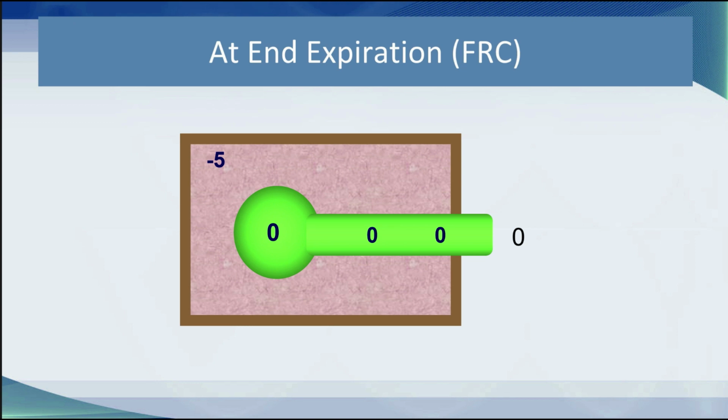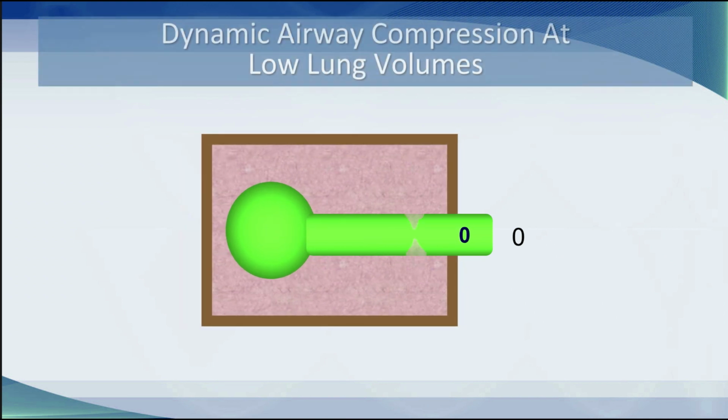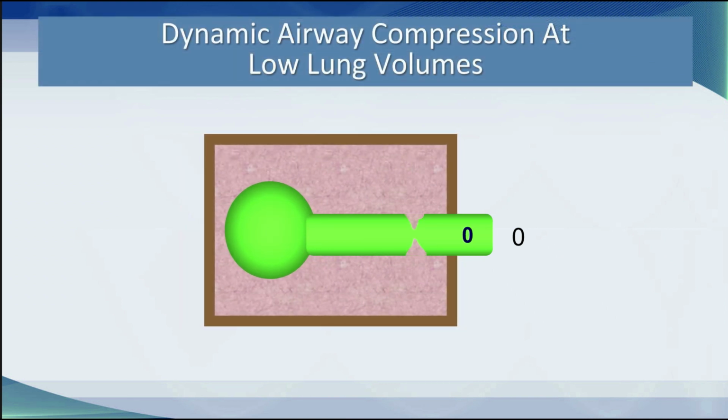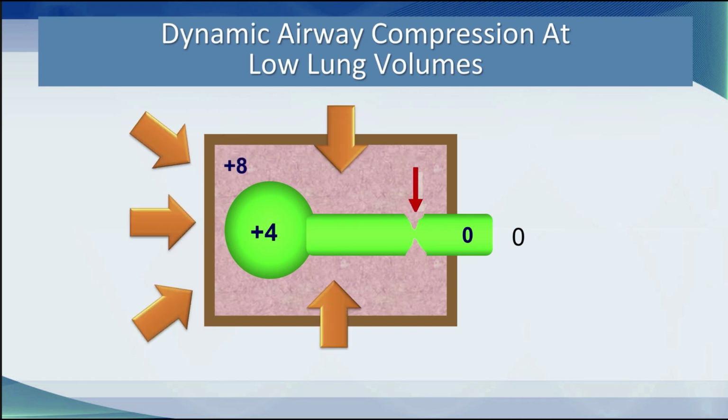But if you don't get to FRC, if you go beyond that, if lungs collapse down as we have seen, and we lose our volumes, or there is gas trapped due to bronchospasm, for example, or due to crud in the airways, or for any reason that there is trouble expelling gas, or there is forced expiration, you have this problem where the pleural pressure may be very high and the gas generates a positive pressure within the alveoli, but it doesn't continue all the way out to atmospheric pressure.